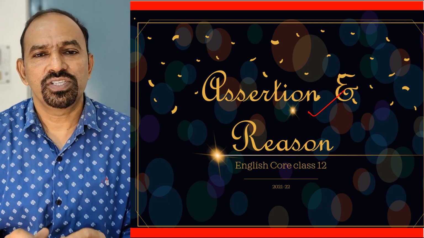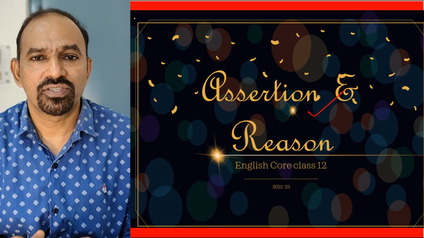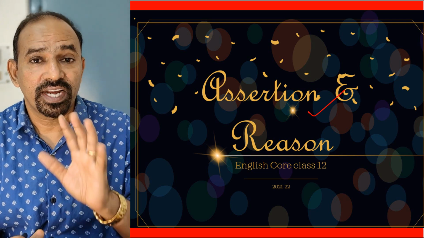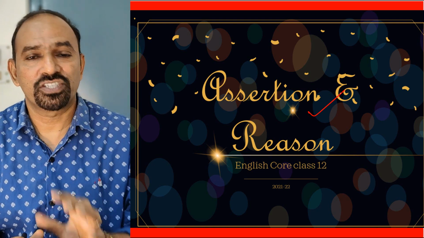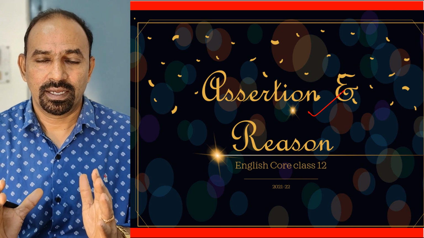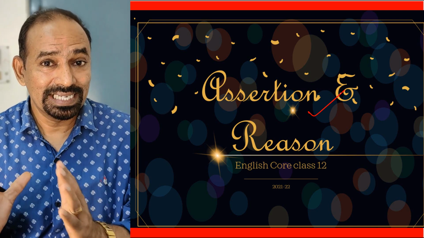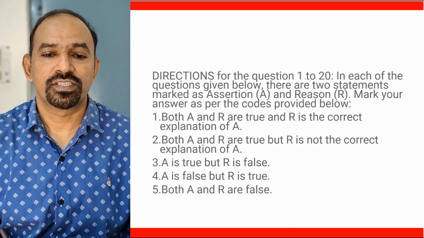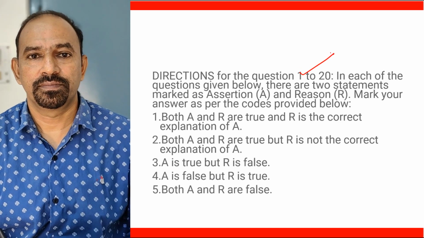For assertion and reason, you can expect 5 types of scenario, 5 types of directions. What are those directions? First, let us check the directions for assertion reason questions. Look at these directions, questions 1 to 20.